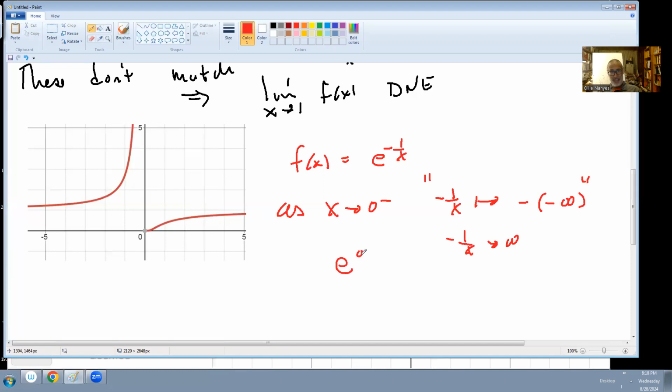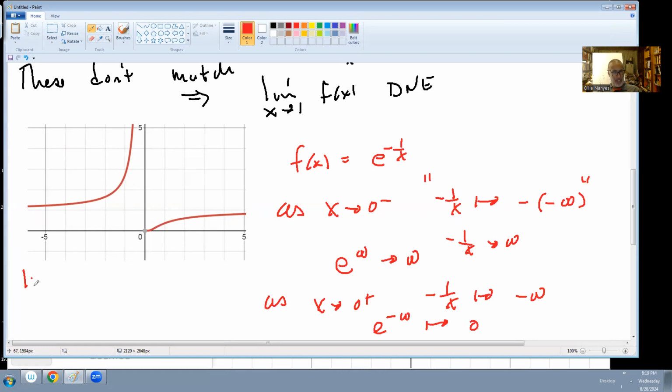So then e to the infinity goes to infinity very quickly. But as x goes to 0 from the right, minus 1 over x goes to minus infinity. And we see that e to the minus infinity goes to 0, as we can see here.